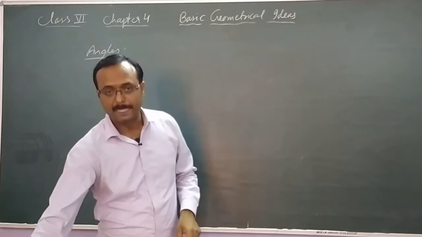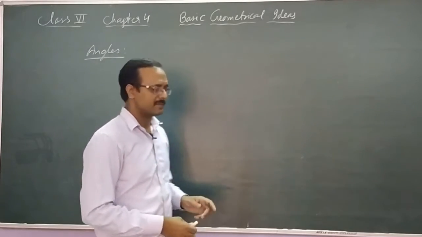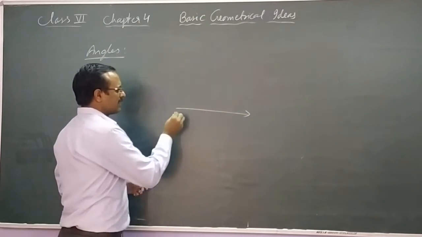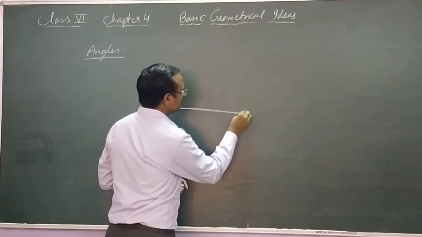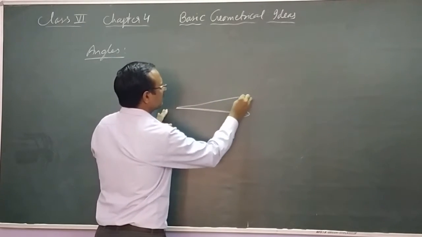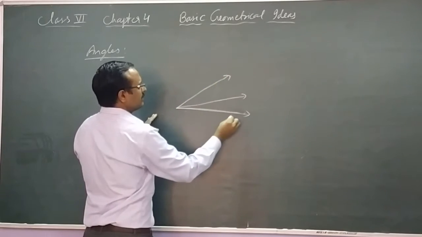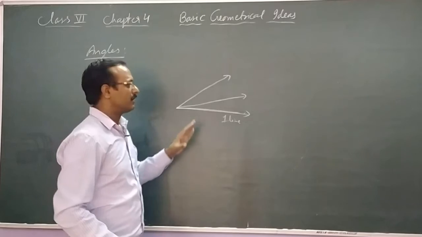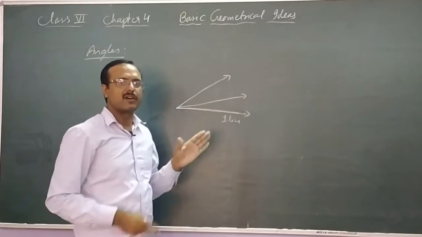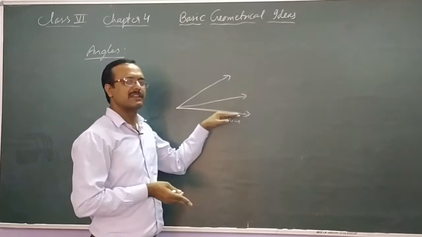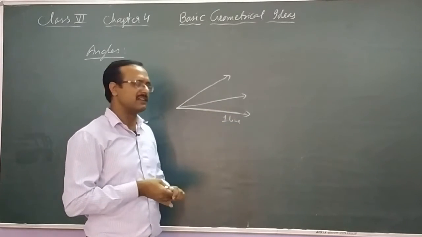So here, suppose there is a line and there is another line, and I start rotating the second line like this. This is the first line. Or you might have seen the needles of a clock. There is an hour needle and another is a minute needle.